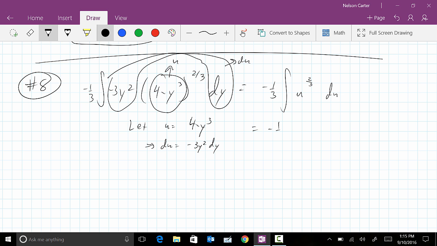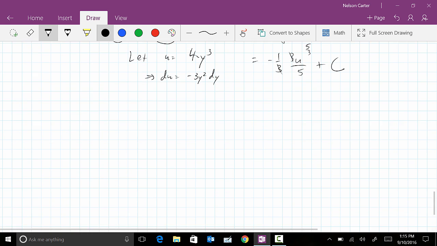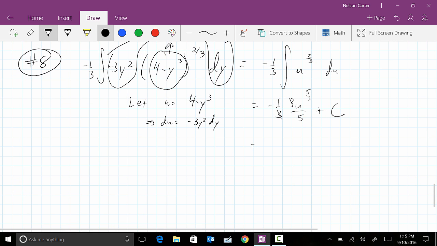So now this is negative 1/3 times u to the power, you've got to add 1, so 5/3 over 5/3, so these are going to cancel, and then plus a constant. So now what you've got is negative 1/5 times u, but u, remember, is 4 minus y cubed, to the power 5/3 plus c.